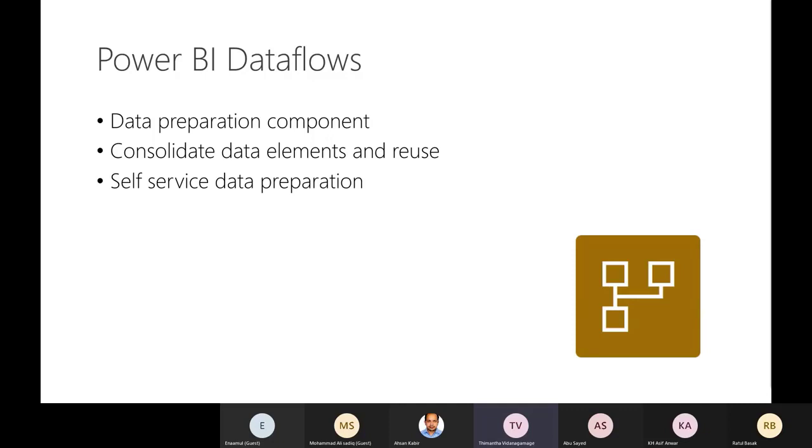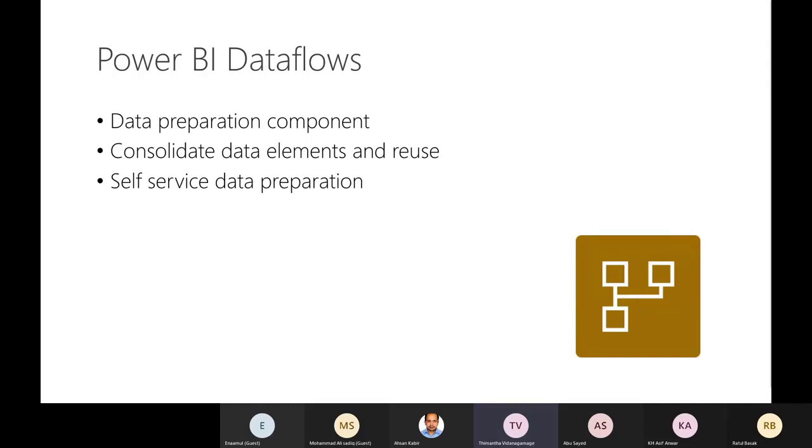And also with Power BI data flows, it promotes self-service data preparation. So what is this self-service data preparation? Self-service data preparation is where business users or any users who do not have enough technical knowledge on data transformations or data cleansing can jump in and do the necessary data cleansing and transformations as per their requirements, and make sure they have output tables for their analytical purposes.